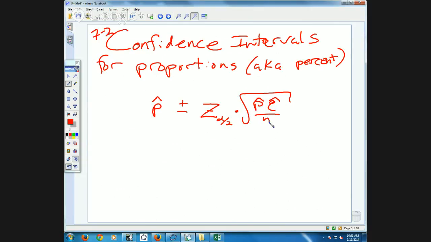And that n is in the square root also. Can you get that from the way I drew it? And define p hat again, what is it? p hat is x over n.